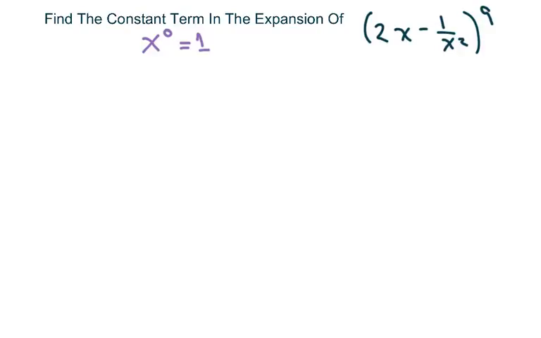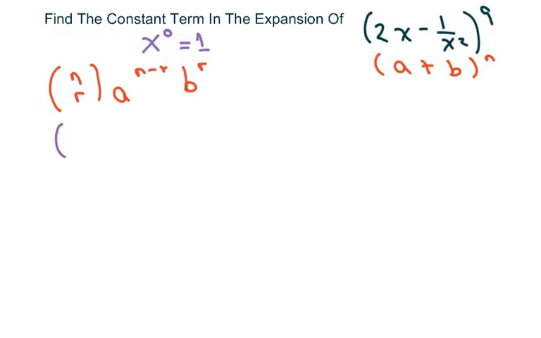So we're going to write down our general term, or general formula, which is n choose r, a to the n minus r times b to the r. And this a is 2x, b is negative 1 over x squared, and our n is 9. So I'm going to fill everything in.